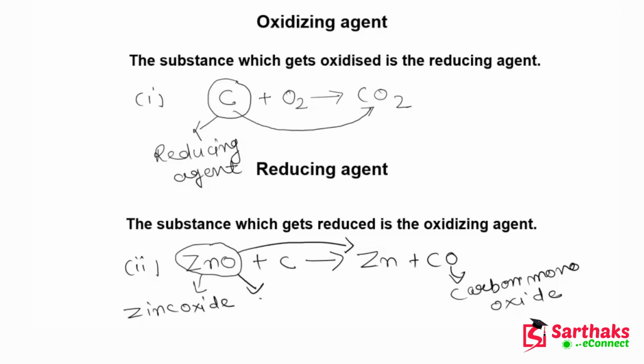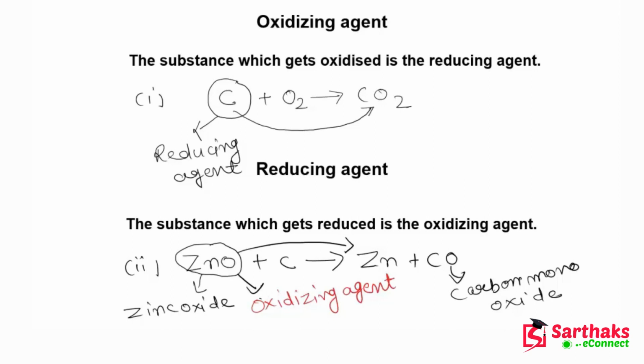Let me write it here: oxidizing agent. I hope this thing is clear. Which is getting reduced, we will call it the oxidizing agent, and which is getting oxidized, we will call it the reducing agent.